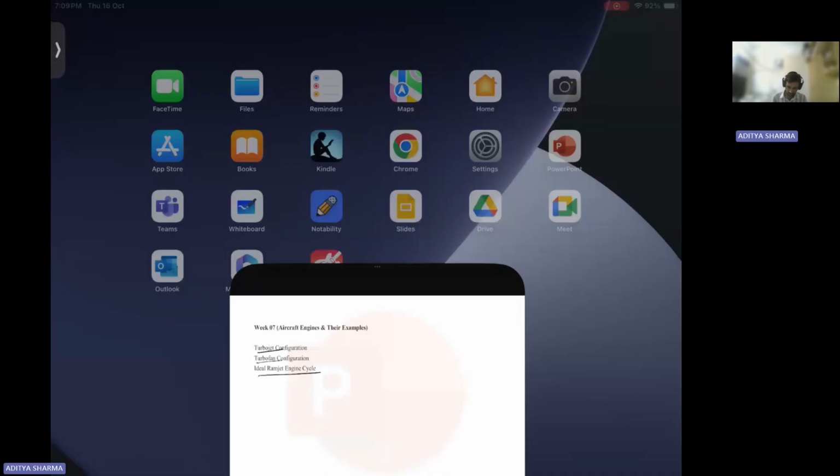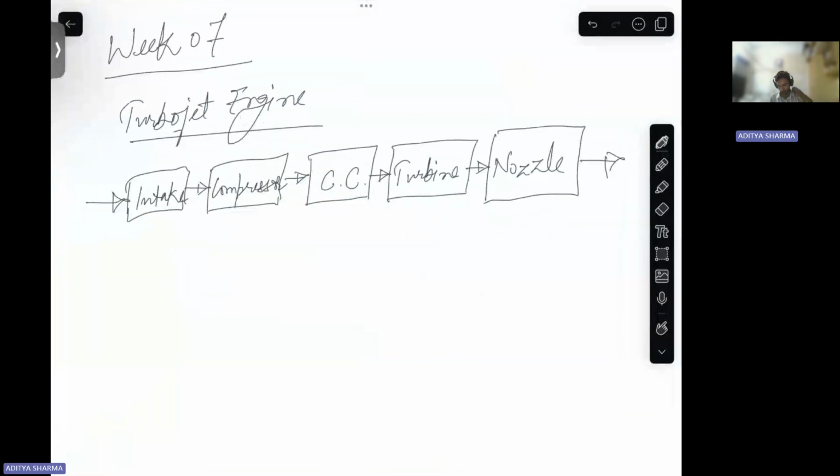So we were discussing aircraft engines, week 7, and I have just drawn the different components of a turbojet engine. So flow will move this way in a turbojet engine.